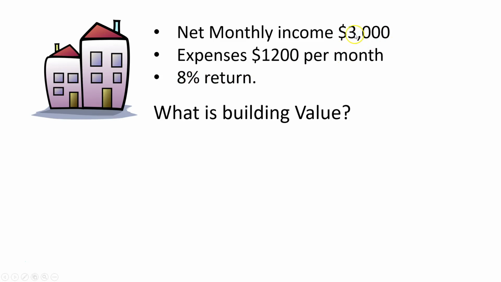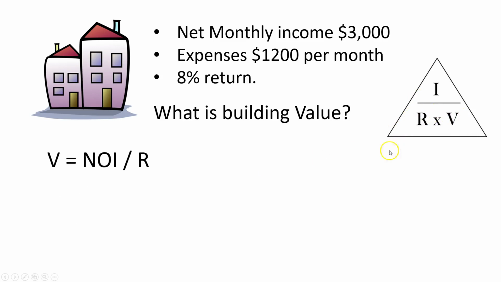So we have to first of all find out what the net operating income for the year is, which is going to be 36,000. 36,000 represents 8% of the building value, and therefore we bring in Uncle Irv. And we'll put 36,000 here, and 8% here gives us the value.